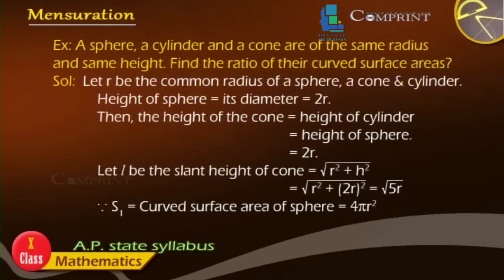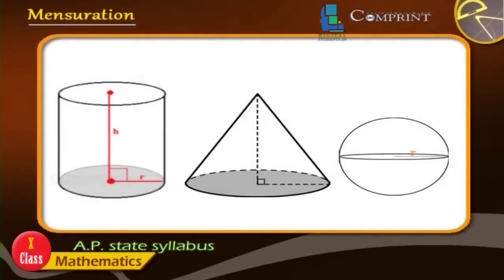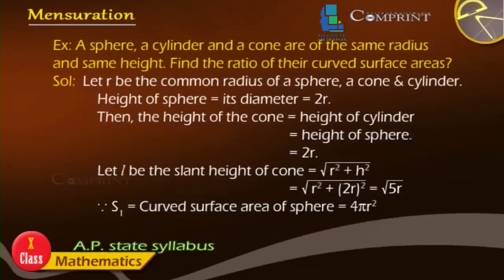Example. A sphere, a cylinder and a cone have the same radius and the same height. Find the ratio of their curved surface areas. Solution. Let r be the common radius of the sphere, cone and cylinder. Height of the sphere is equal to its diameter is equal to 2r.